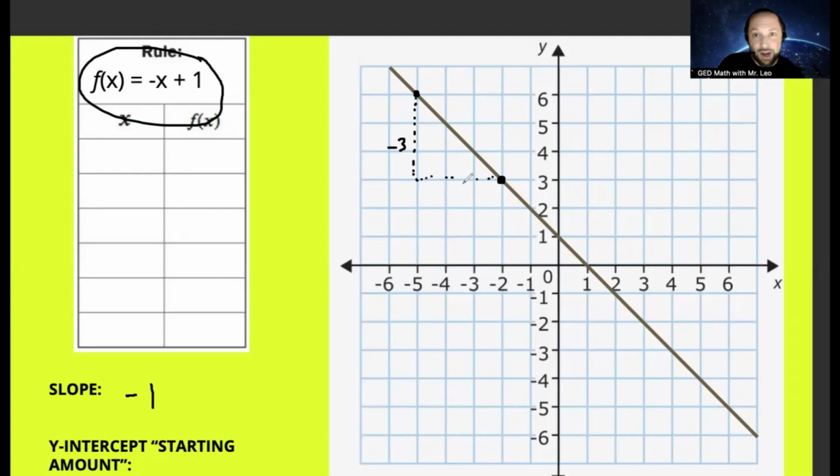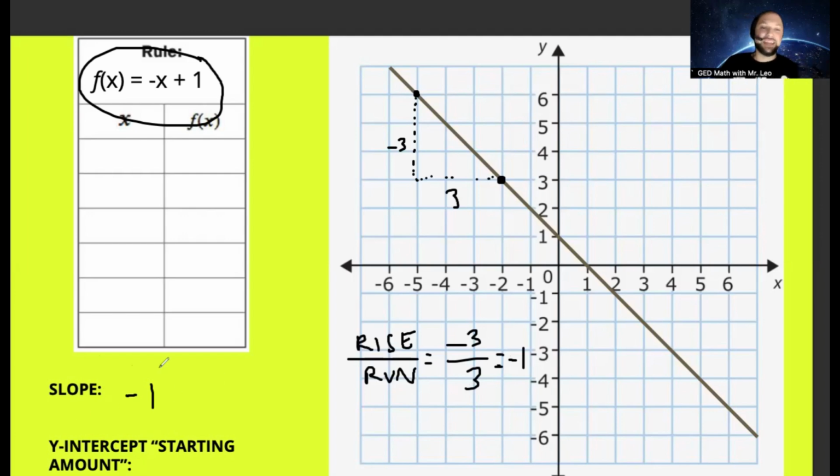The run, however, is positive because I'm running to the right. We always go left to right. So this is down 3 over right. So from a rise over run perspective, this is -3 over 3. -3 over 3 simplifies to a final answer of -1. -3 divided by 3 is -1.